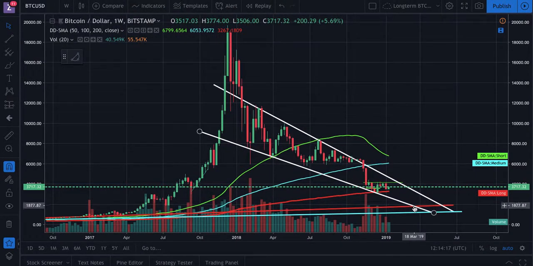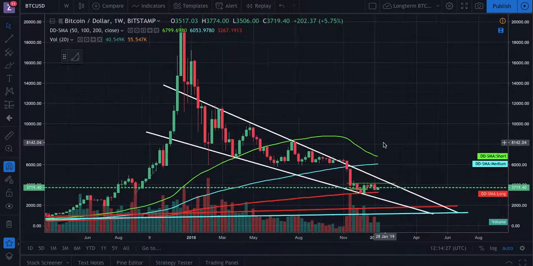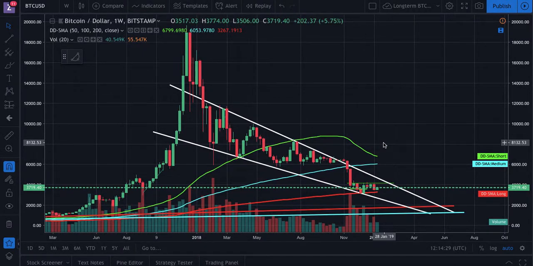I've got the bottom at 1800, and a secondary bottom of approximately $1,200. I have to explain the history first, so you can understand why I've got these lines over here. And guys, I've got the time around it as well.